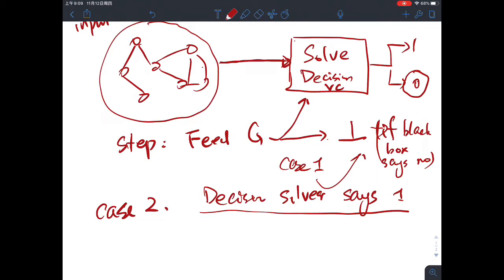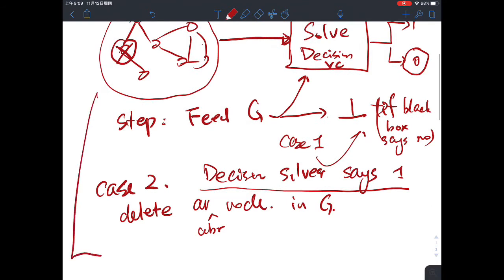So what I'm going to do is delete an arbitrary node in the graph G. So let's say I'm going to delete this node.